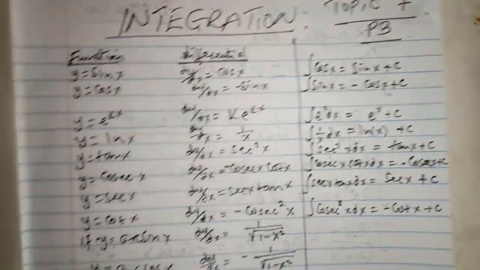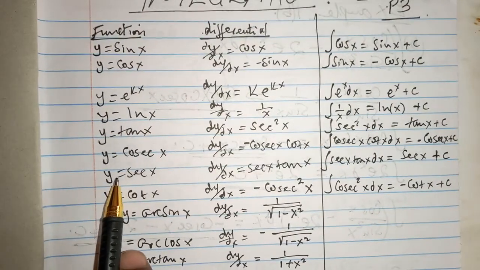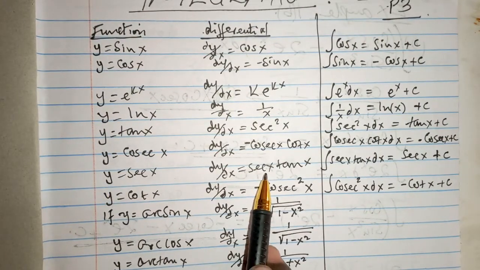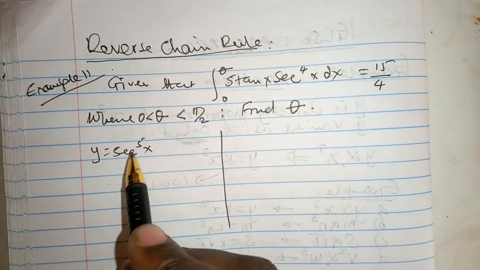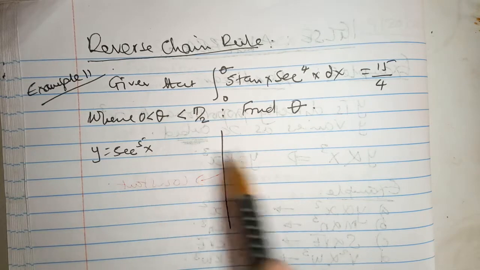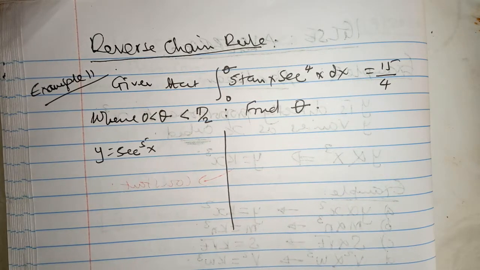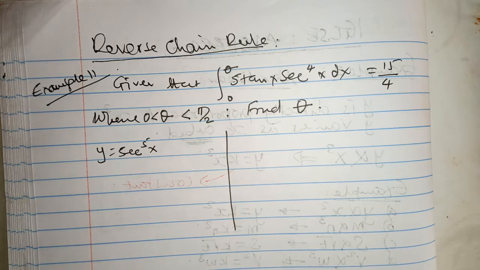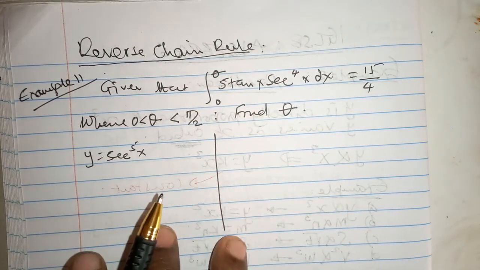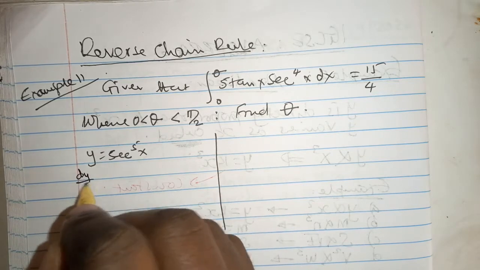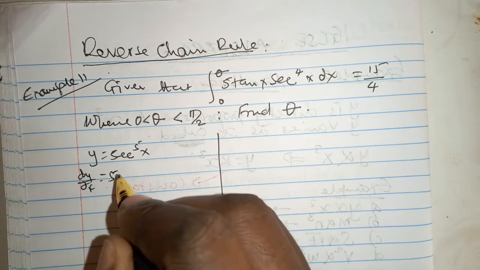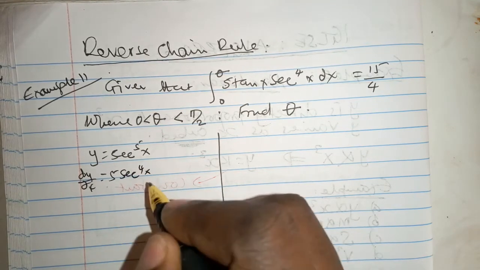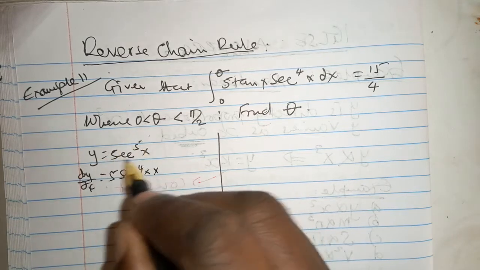We may go back to page 1. If y is sec x, dy/dx is sec x tan x. So in its derivative, there is the aspect of sec x. If we take literally sec 5x, just because you are told to try y equals f(x) with an increased power, let's see what we get. dy/dx is going to give us 5 sec 4x times the derivative of the whole aspect.